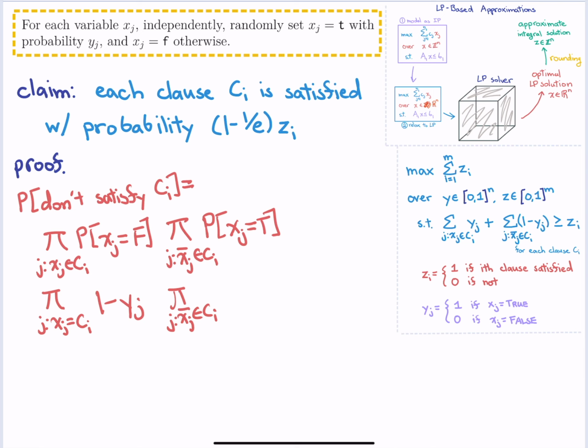Sorry? Also 1 minus yj. So you're saying that the odds of it being true or the odds of being false are the same? They should add up to 1, because it's one or the other. Okay, yj. Right, so for each variable, x1 is set to true with probability y1. x2 is true with probability y2.